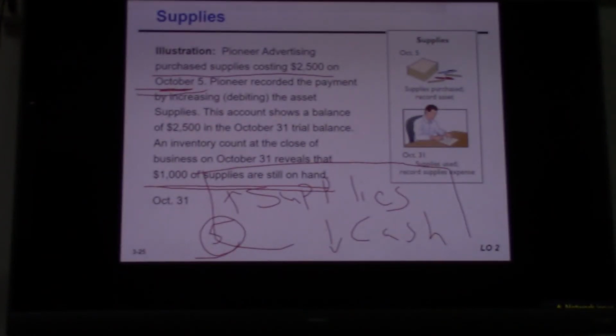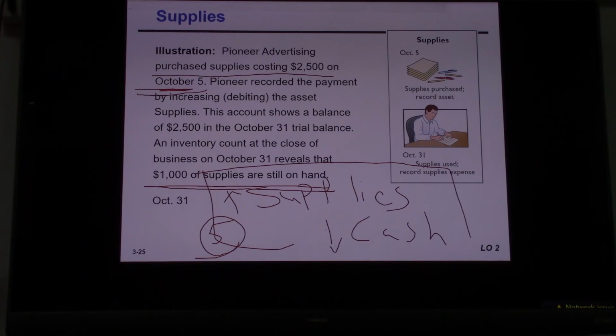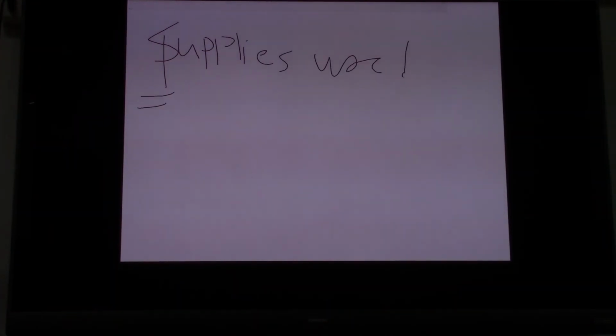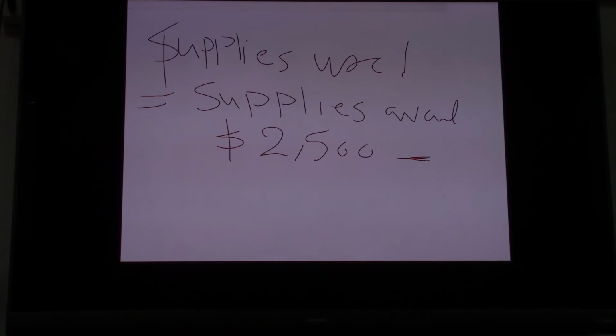Supplies used equals supplies available during the period, which is $2,500, less supplies on hand.